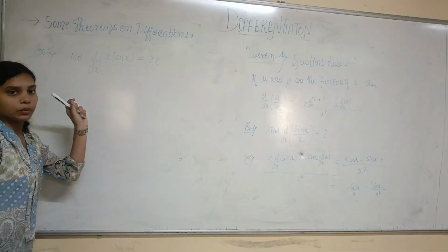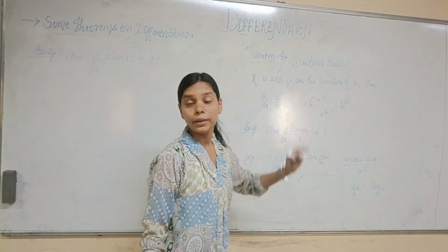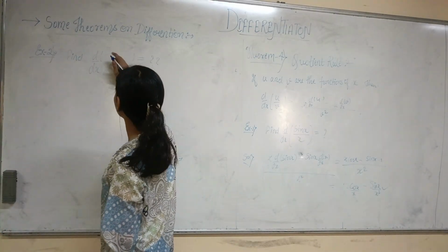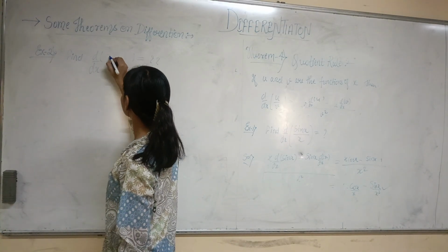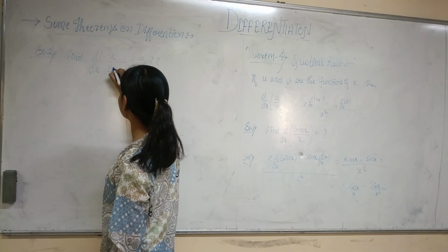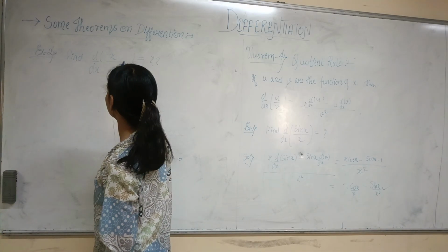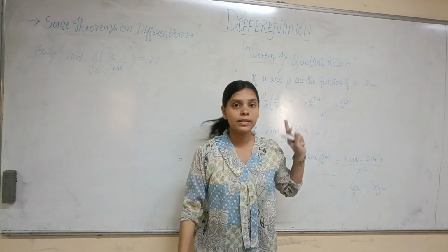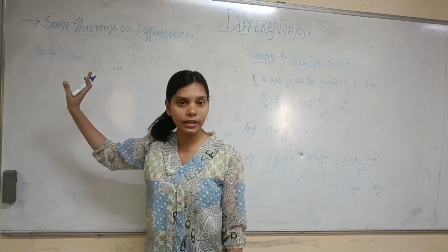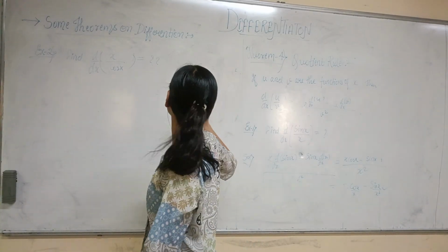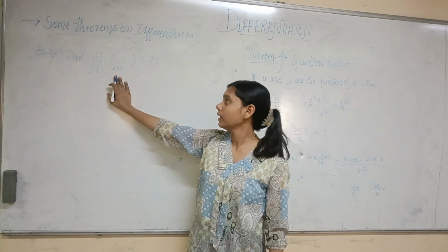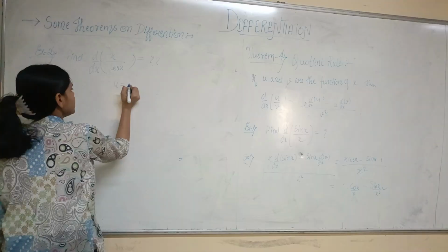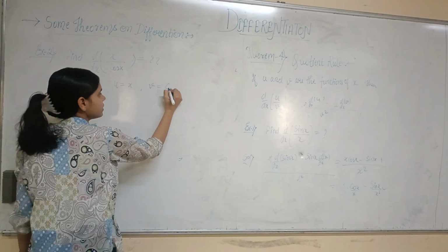Here we use the quotient rule and compare with this theorem. If I compare this theorem, then in place of u, what is given here? x, exactly. And in place of v, what is given here? cos x. Okay, so u is equal to x, and v is equal to cos x.